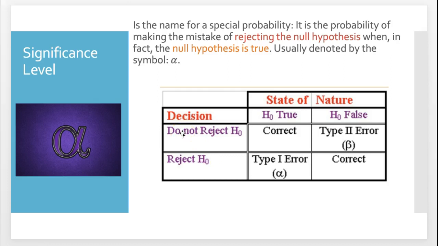That's what our test says. But in reality, and that's something that we don't know, either the null hypothesis is true or the null hypothesis is false. So think of it this way: a defendant walks in the room, and in reality, they are innocent.